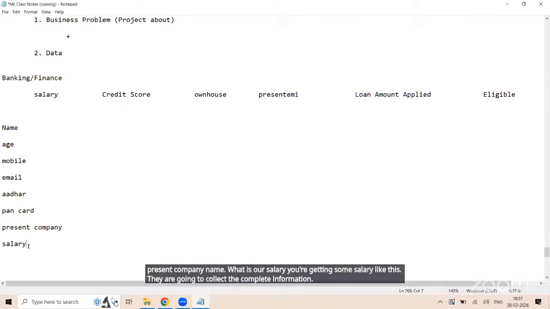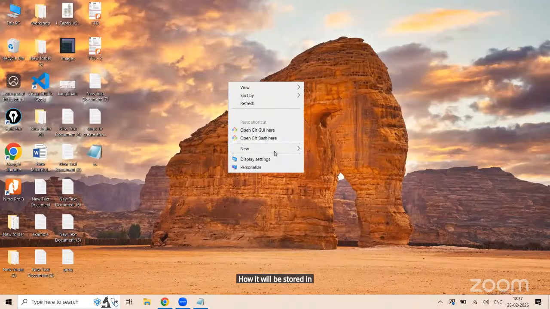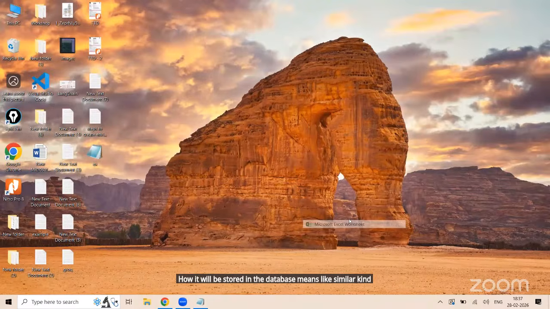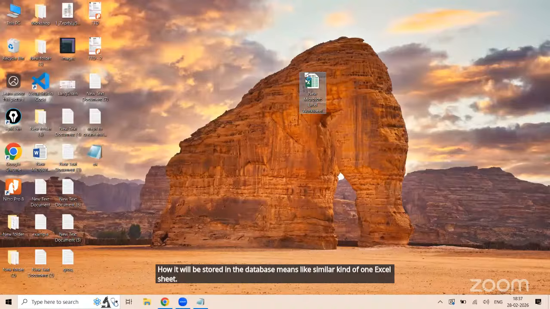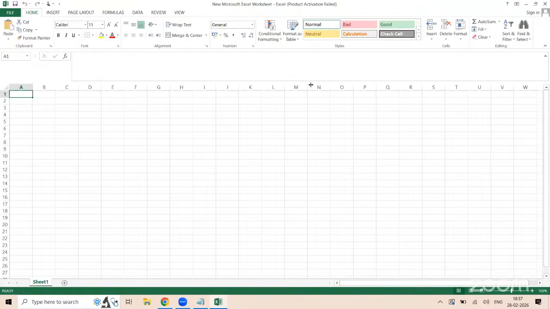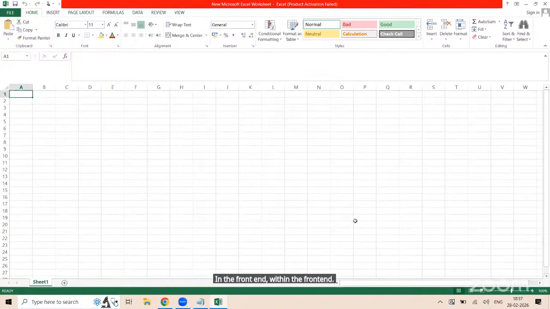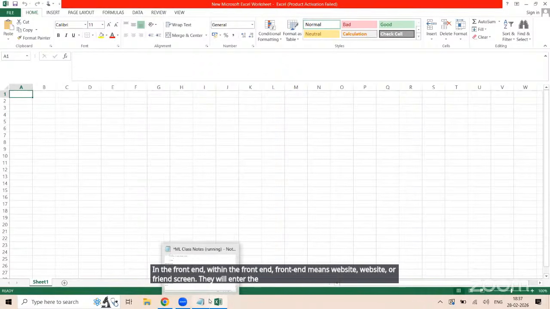Once they have collected all the information, it will be stored. Every record will be stored in the database, similar to an Excel sheet. In the front end, meaning the website or front screen, they enter the details like filling out an application form.